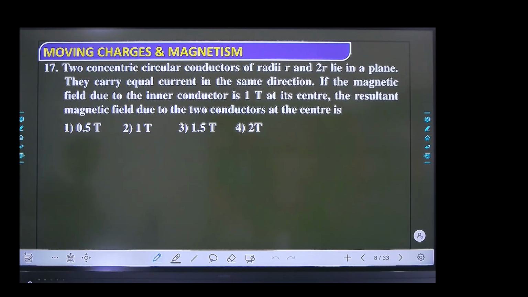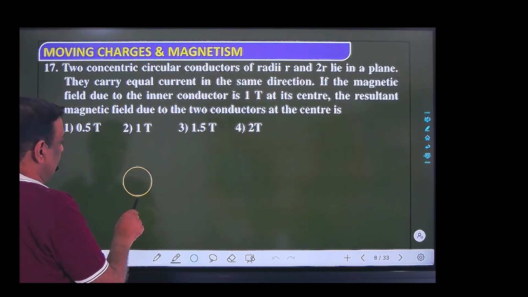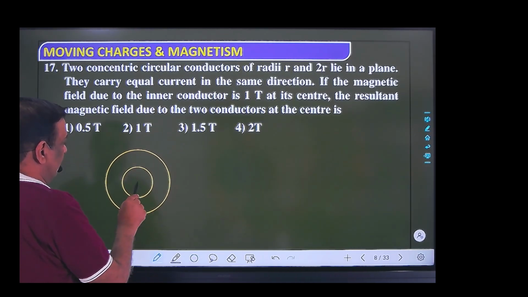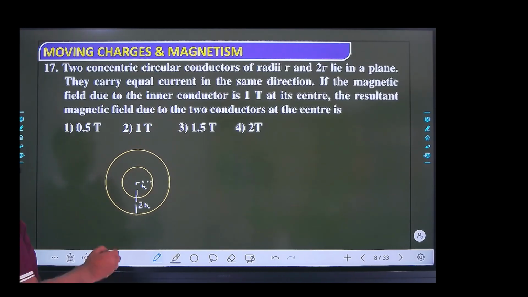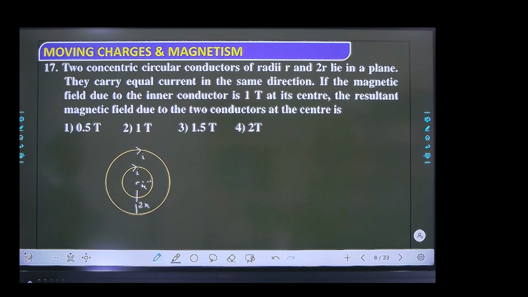If the magnetic field due to the inner conductor is 1 Tesla, find the resultant magnetic field due to the two conductors at the center. We are given two concentric circular conductors of radius r and 2r, carrying equal current in the same direction. The magnetic field due to the inner conductor is 1 Tesla.